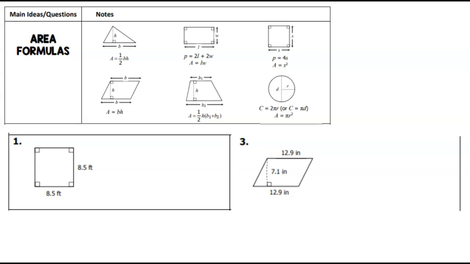Starting with number 1, we have area of a square. So what am I going to do? I'm going to identify my S. This is my S value right here, and I know that area is side squared.